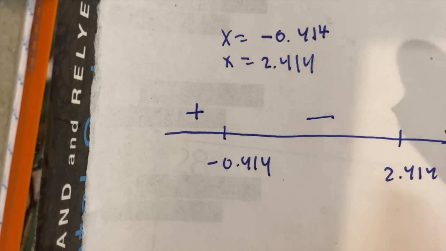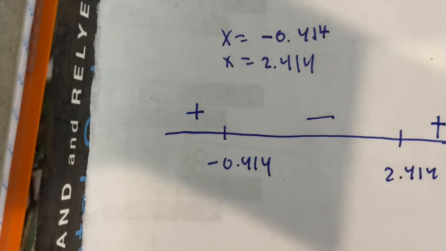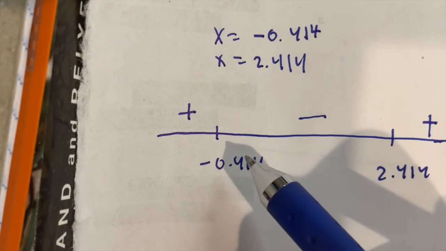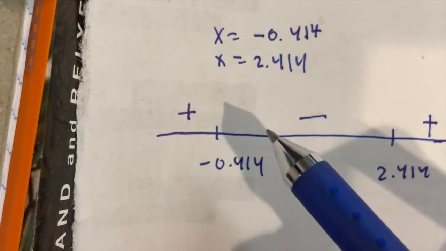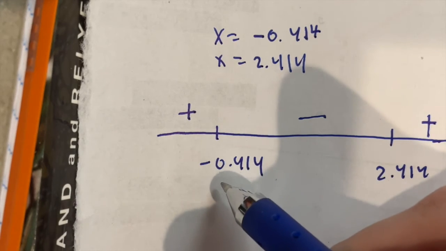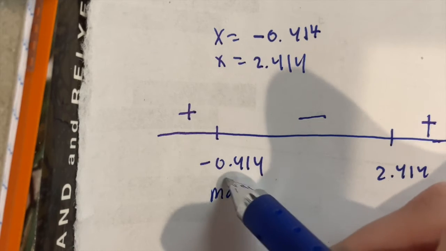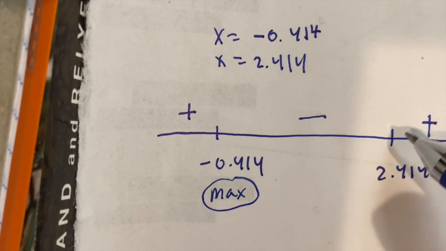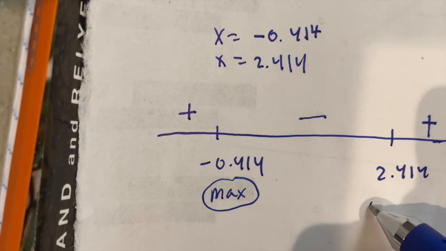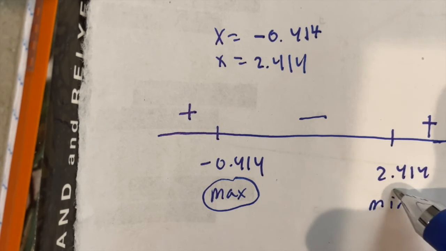And past 2.414, we know it is increasing because the number we tested was positive. Just by looking, we can determine which are the min and max. It's increasing until a point, and then it starts decreasing, so we know that negative 0.414 is a max. And when it's decreasing and then gets to its lowest point, it starts increasing, so we know that 2.414 is a min.